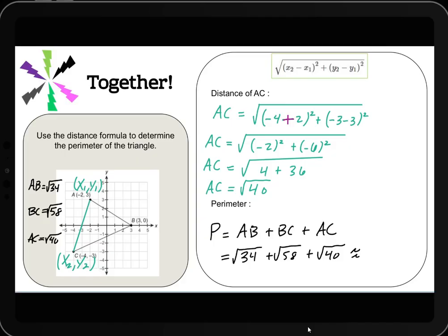Okay, so when we combine all of those, approximately we get 19.77 units. So I'm leaving it to 2 decimal places because it's an approximate perimeter of the triangle. Alrighty. Now that one took a lot more work than the regular hexagon, right? So sometimes when using the distance formula, it can certainly do that.